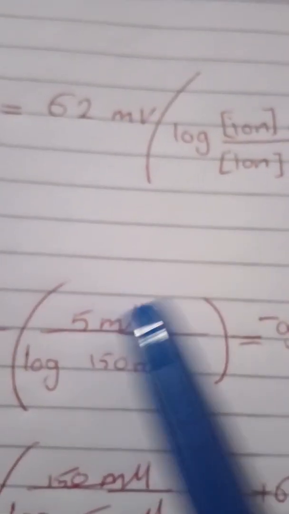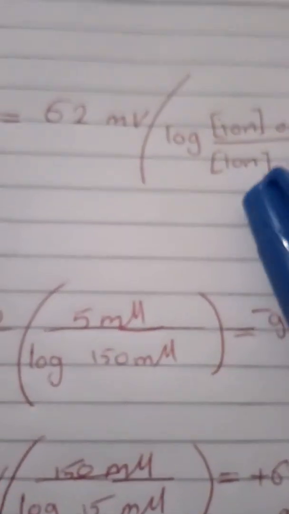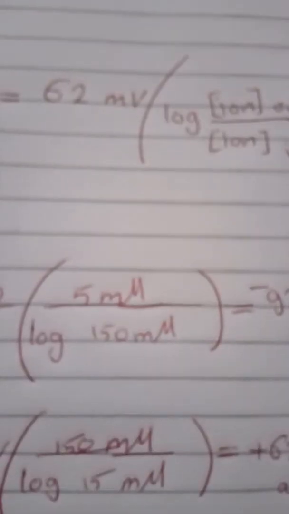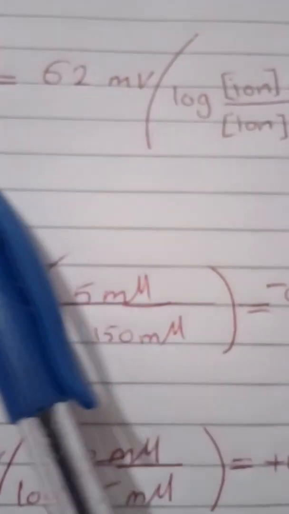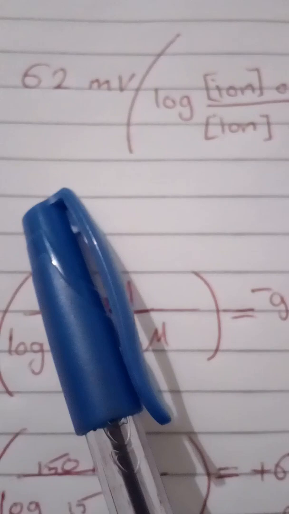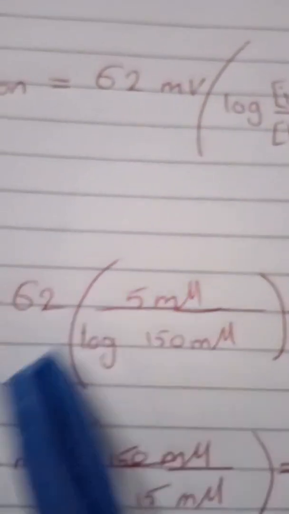The Nernst equation applies to any membrane that is permeable to a single type of ion. In our model, the membrane is permeable only to K+, and the Nernst equation can be used to calculate EK, the equilibrium potential for K+, like this.